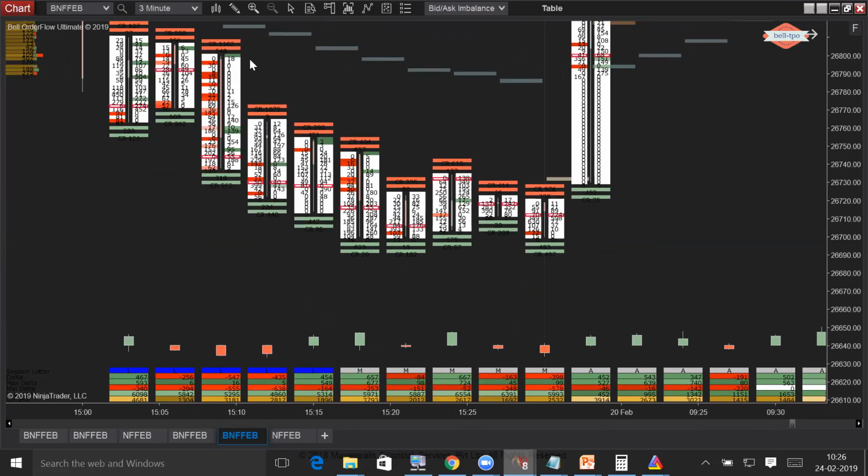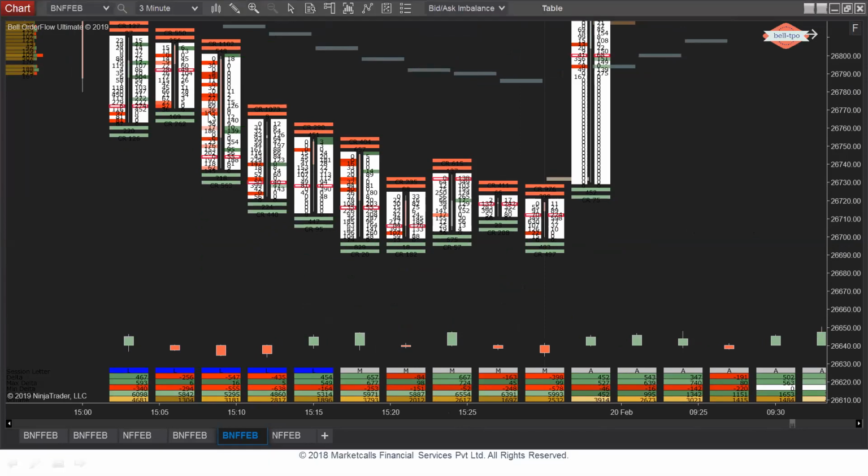While it is hitting the day low over in this candle, the delta completely turns positive. This is a 3-minute chart we are using.